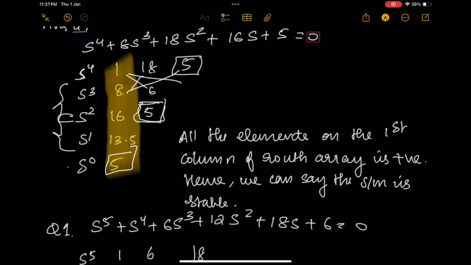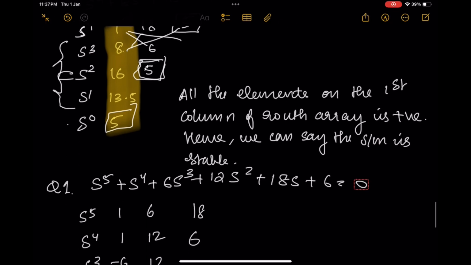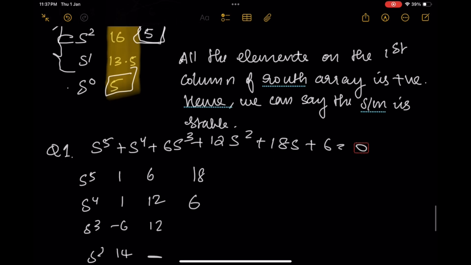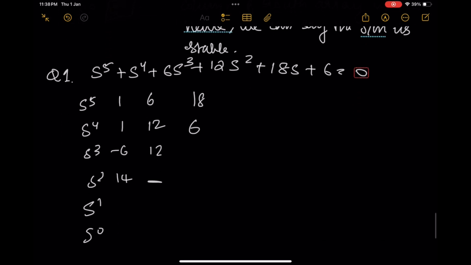So from that, what you can understand is the last term in the column, 2 rows below, will repeat in the next column. So here, if you do 6 into 6 minus 12, divided by minus 6, the value will be 6. So you can just directly write it without even doing it.